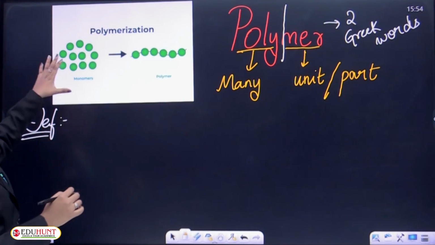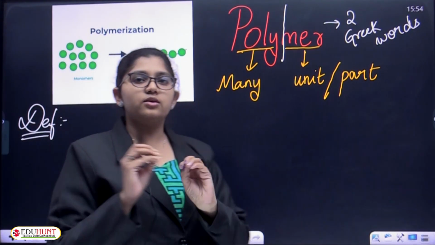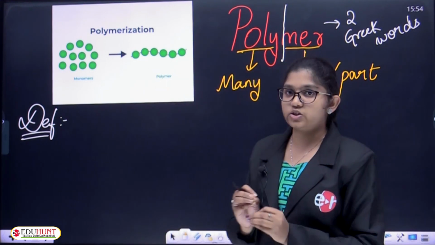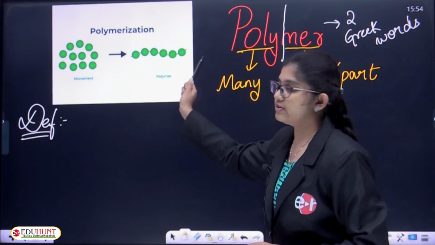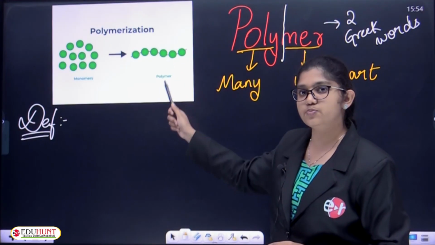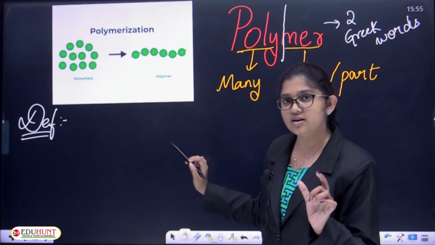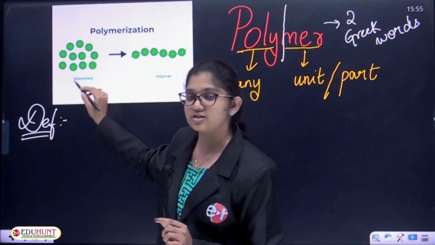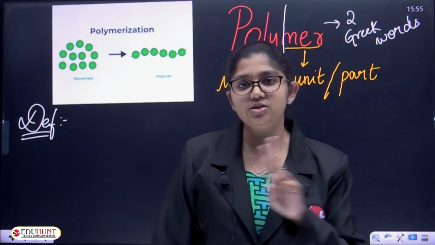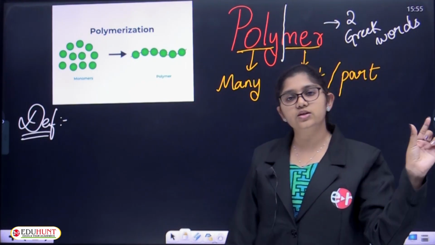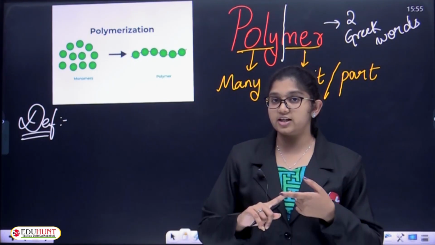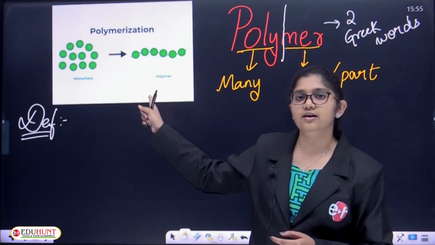From this picture, monomers are combined to form a linkage and we get a representation of a polymer. Poly means many, mer means units. What are the units? Monomer units. Mono means one, mer means unit. So if single units of monomers join together, they represent a polymer.